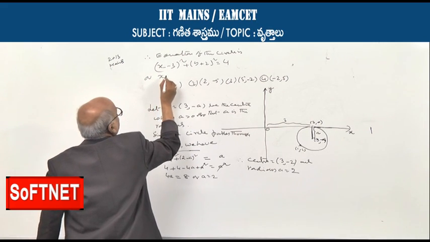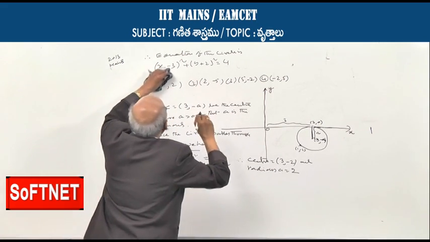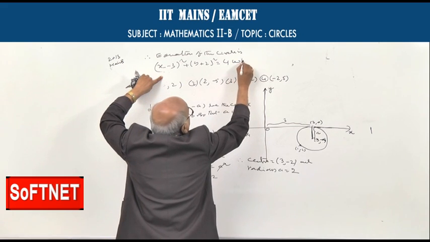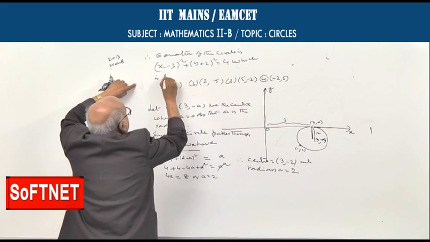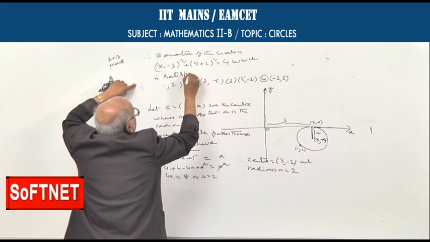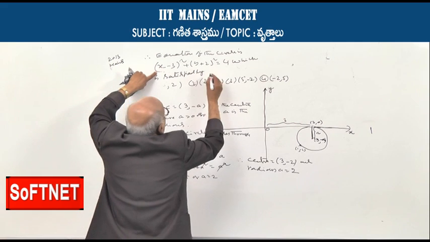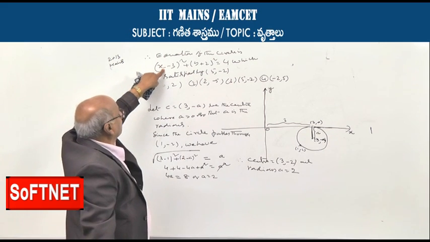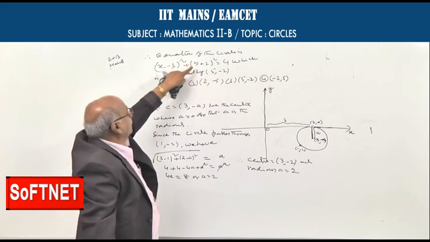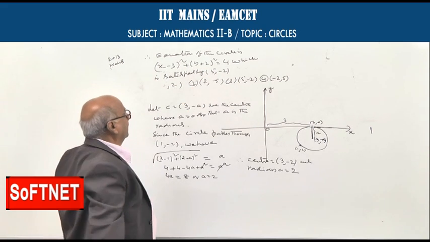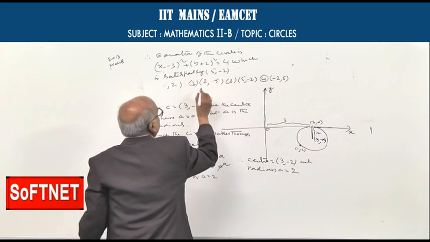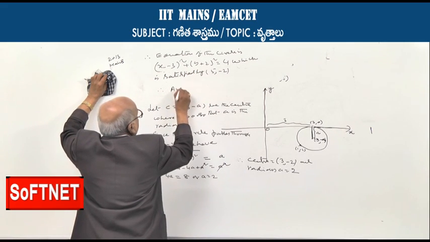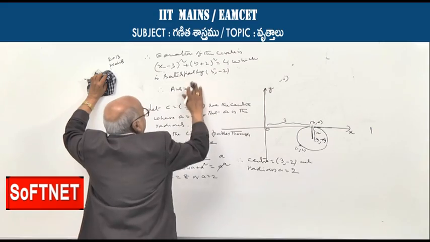It also passes through, which is satisfied by, 5 comma minus 2: 5 minus 3 whole square means 4, minus 2 plus 2 is 0, equal to 4. So the answer is option number 3.